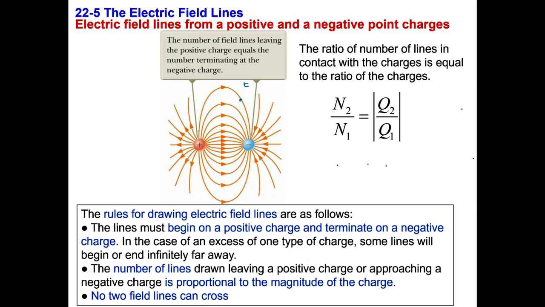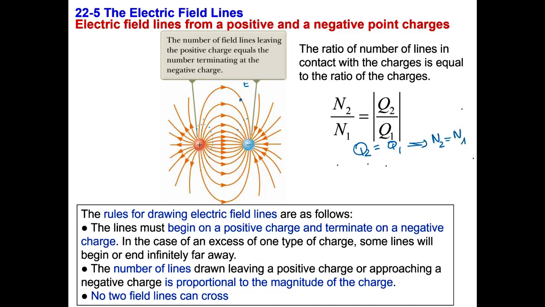So if we count just the lines leaving the positive charge and entering the negative charge, we have 1, 2, 3, 4, 5, 6, 7, 8, 9, 10, 11, 12, 13, 14, 15. We have 15 lines. Same thing, we have 15 lines going into the negative charge. So if Q2 is equal to Q1, then N2 is going to be equal to N1.